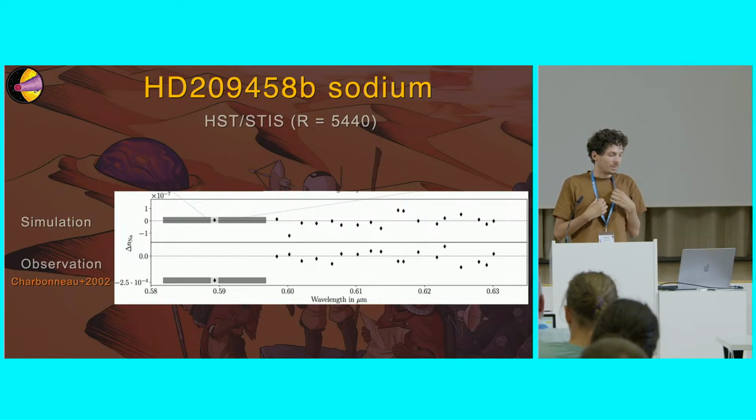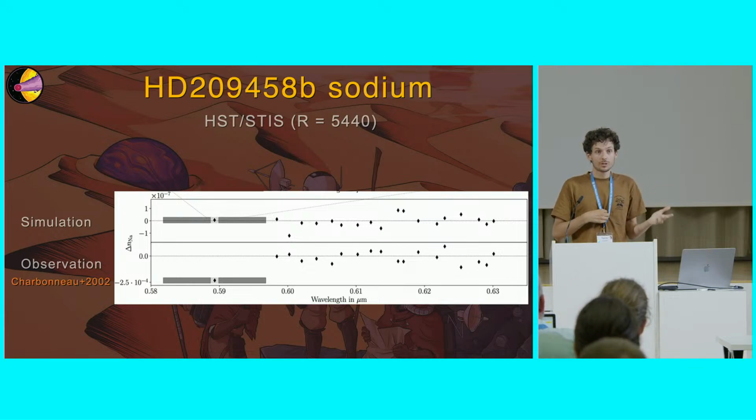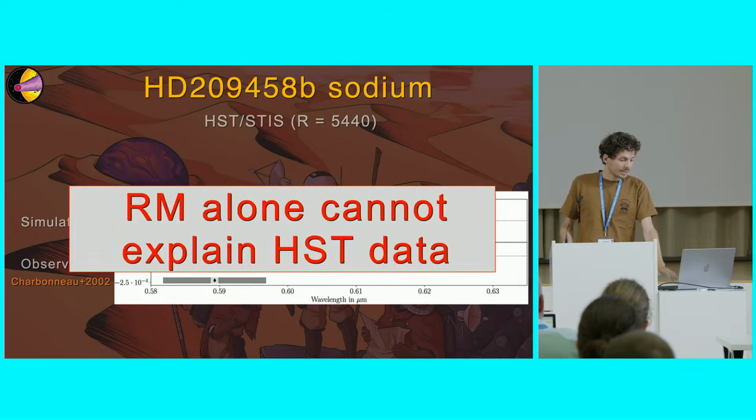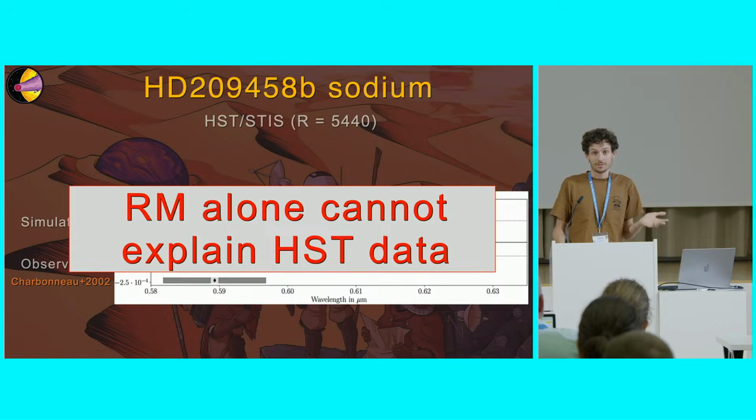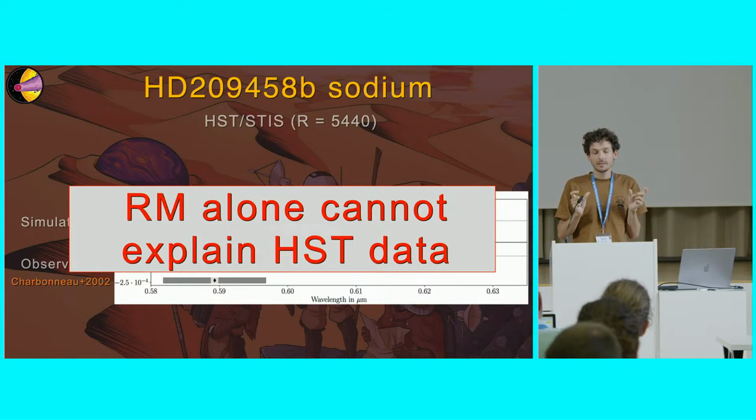And what we obtained is that we could not, by order of magnitude, with only the Rossiter-McLaughlin effect, explain or reproduce their results. So the conclusion there is that the RM alone cannot explain that signature, but we're not claiming that there is an atmosphere. It supports the idea that at low resolution, you might be sensitive to the wings of the doublet and not necessarily the core.